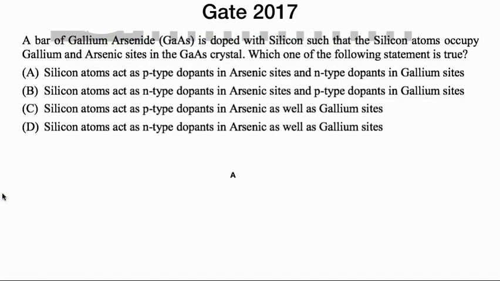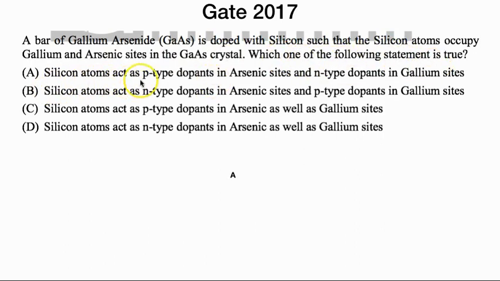Now let's look at one of the questions which came in GATE 2017. It says that a bar of gallium arsenide is doped with silicon such that silicon atoms occupy gallium and arsenic sites in the gallium arsenide crystal. Which one of the following statements is true?